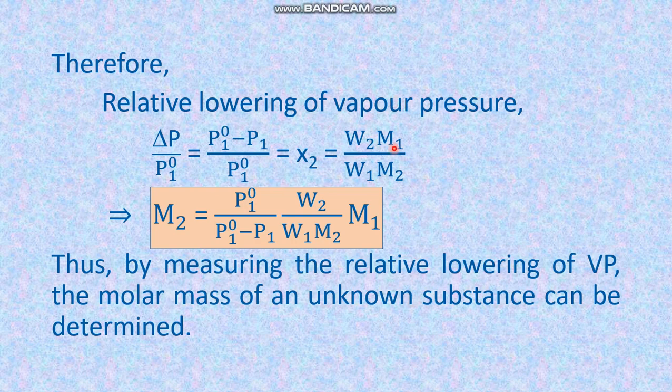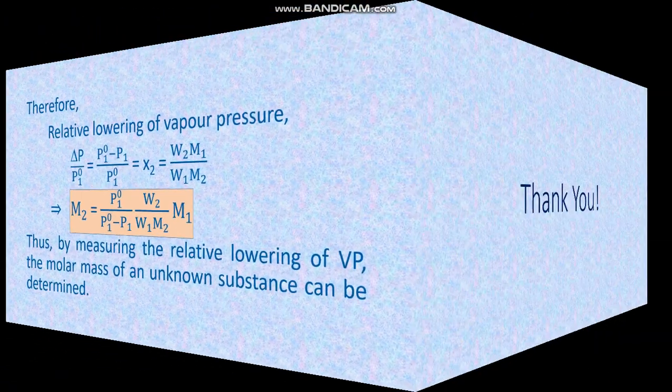After rearranging this equation, M2 equals P10 by (P10 minus P1) into W2 by W1 into M1. So here, if all these parameters are known, then the molar mass of an unknown substance can be measured by using the lowering of vapor pressure phenomenon. So by measuring the relative lowering of vapor pressure, the molar mass of an unknown substance can be determined.